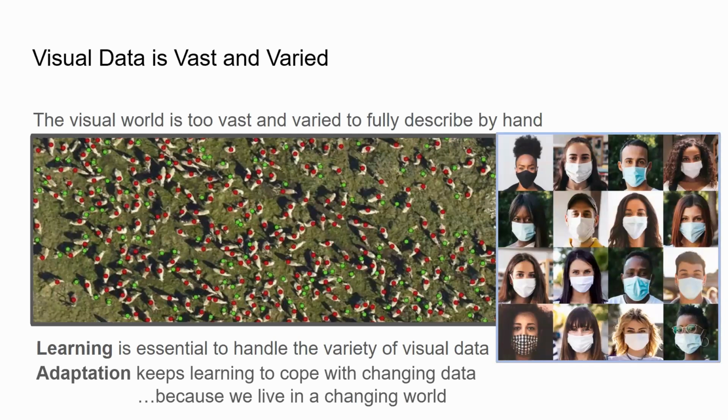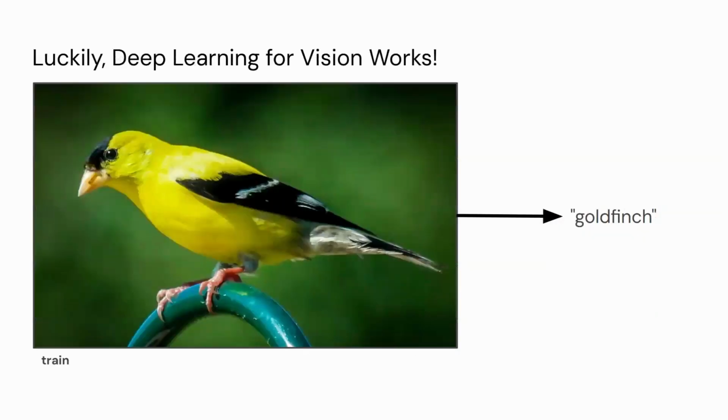Facial recognition systems perhaps were not ready and able to generalize to these new kinds of face images when this first happened. So I'd say that while learning, of course, is useful, learning just once might not be enough. I want to talk about how we can keep learning and have models that can cope with this kind of changing data, since I'd argue we live in a changing world.